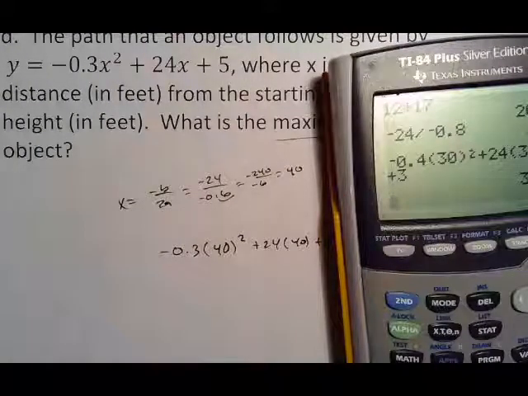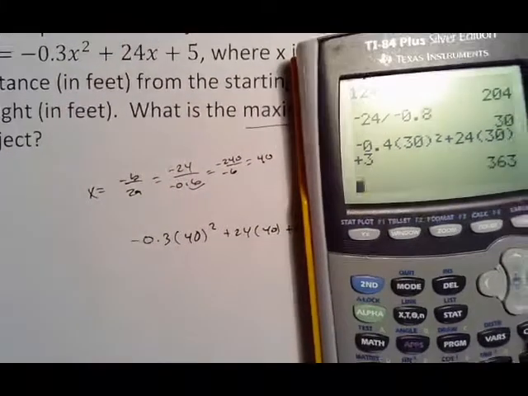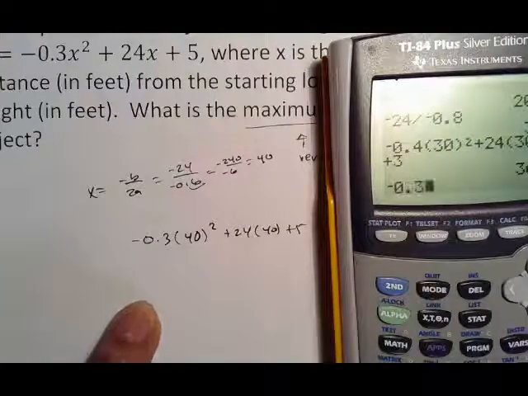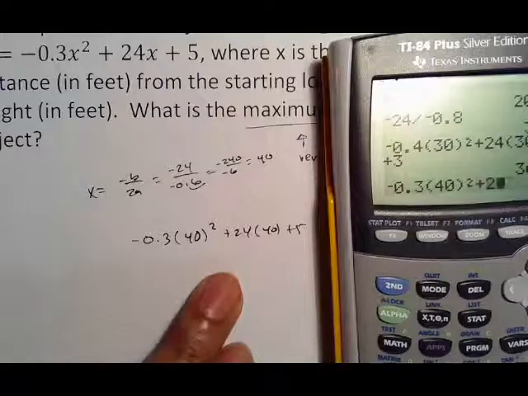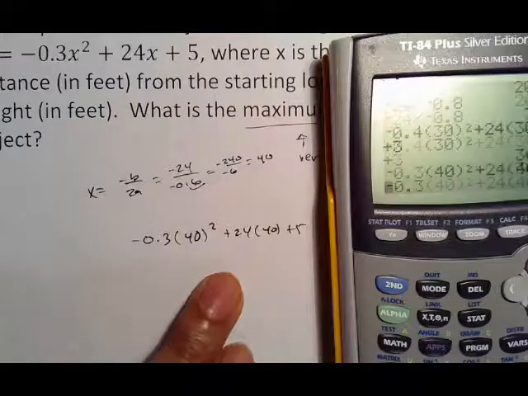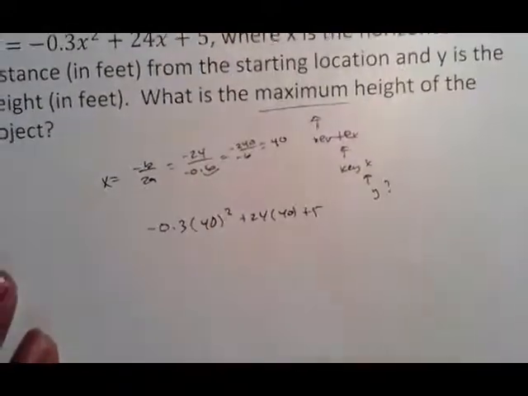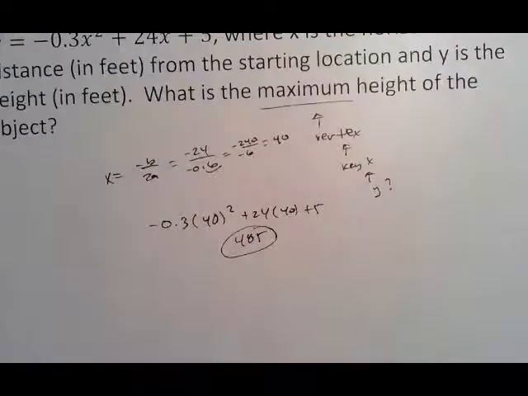Actually, if you go that far, I can probably help you. If you at least show me what the key x you got is, I can probably help you out with that. But anyway, negative 0.3 times 40 squared plus 24 times 40 plus 5 equals 485. And so that would be the answer that you're going to use.